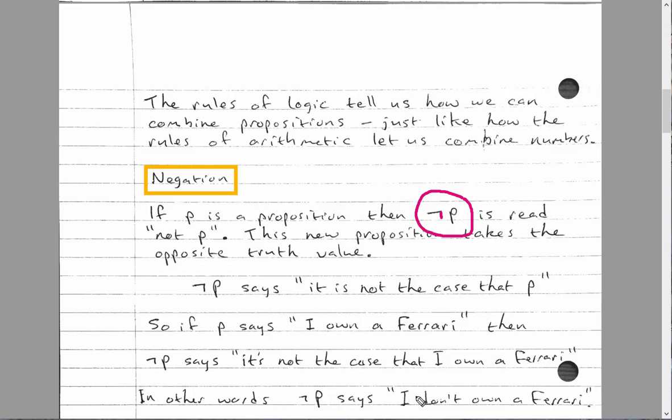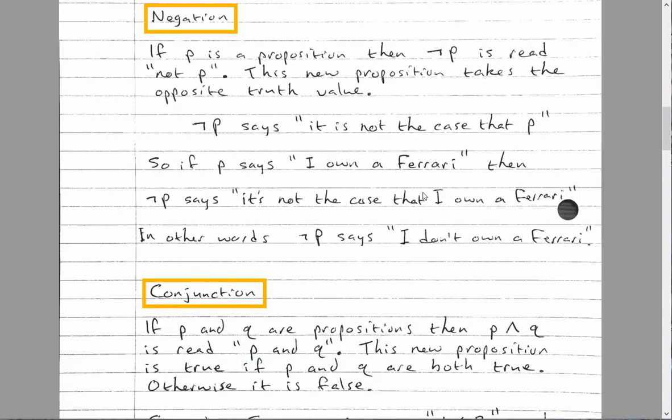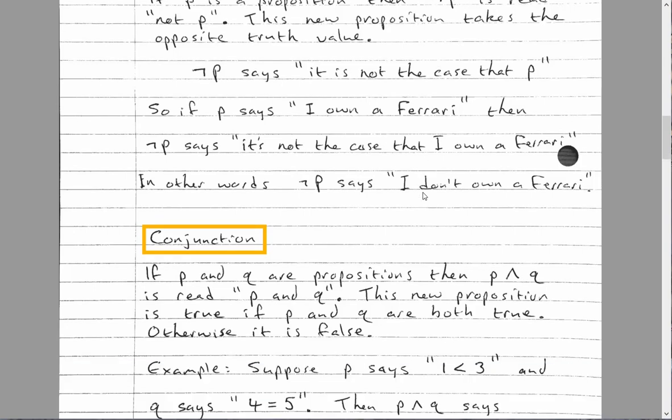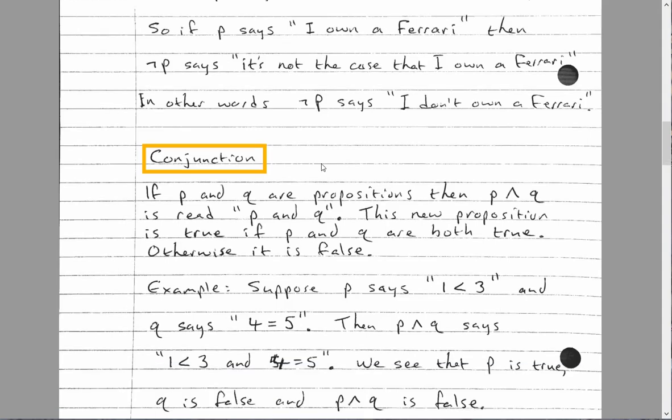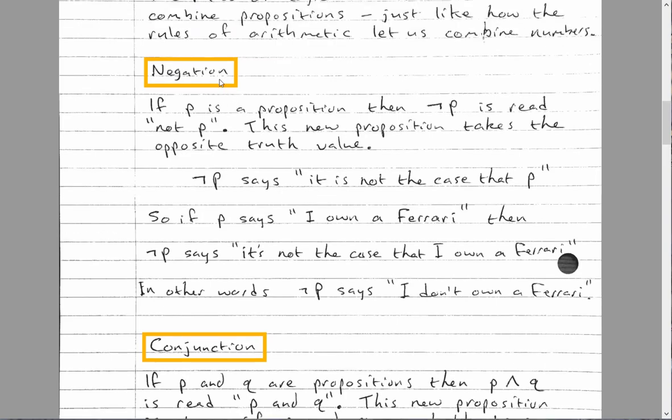In other words, I don't own a Ferrari. That one's the true statement, well, for me, but for somebody else, not P could be false. All right, so negation, that's our first logical operation.